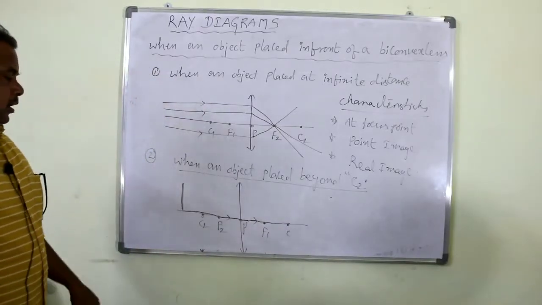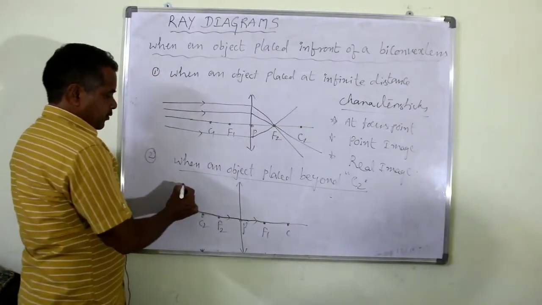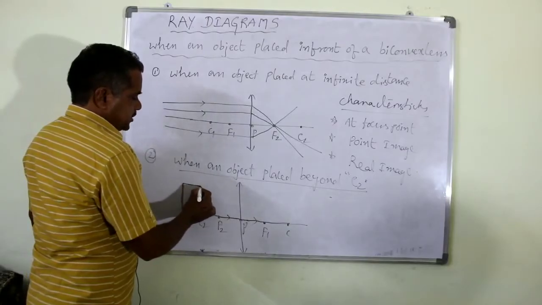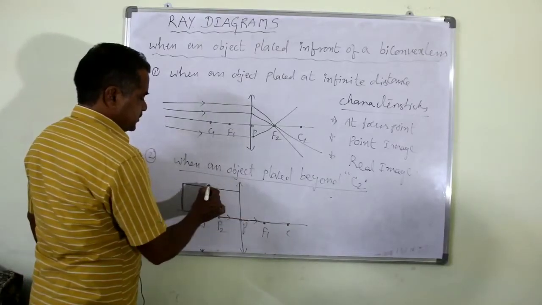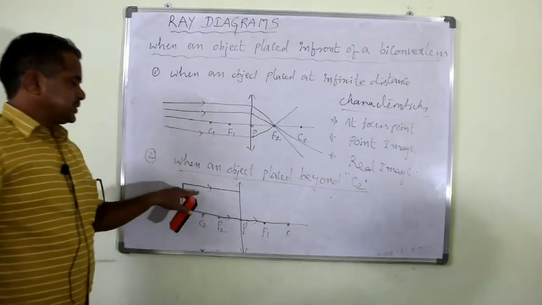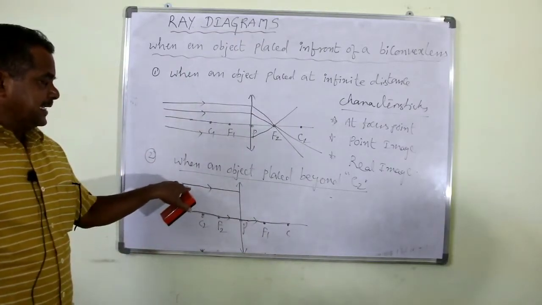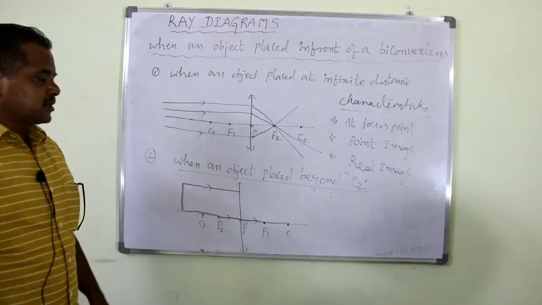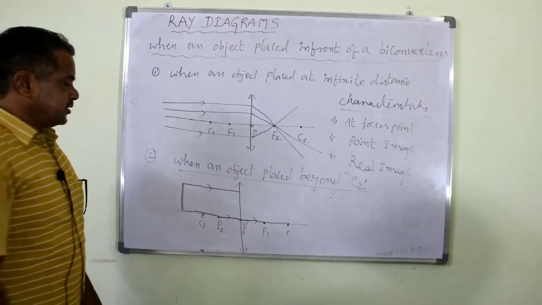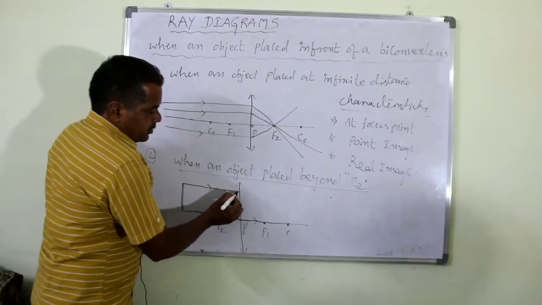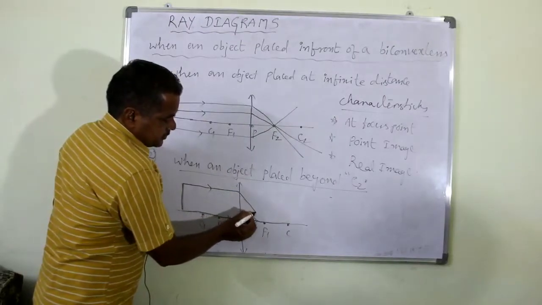Also take one more light ray from the top of the object which travels parallel to the principal axis and is incident at this point. We have already known that any light ray which moves parallel to the principal axis, the corresponding refracted ray moves through the focus point.